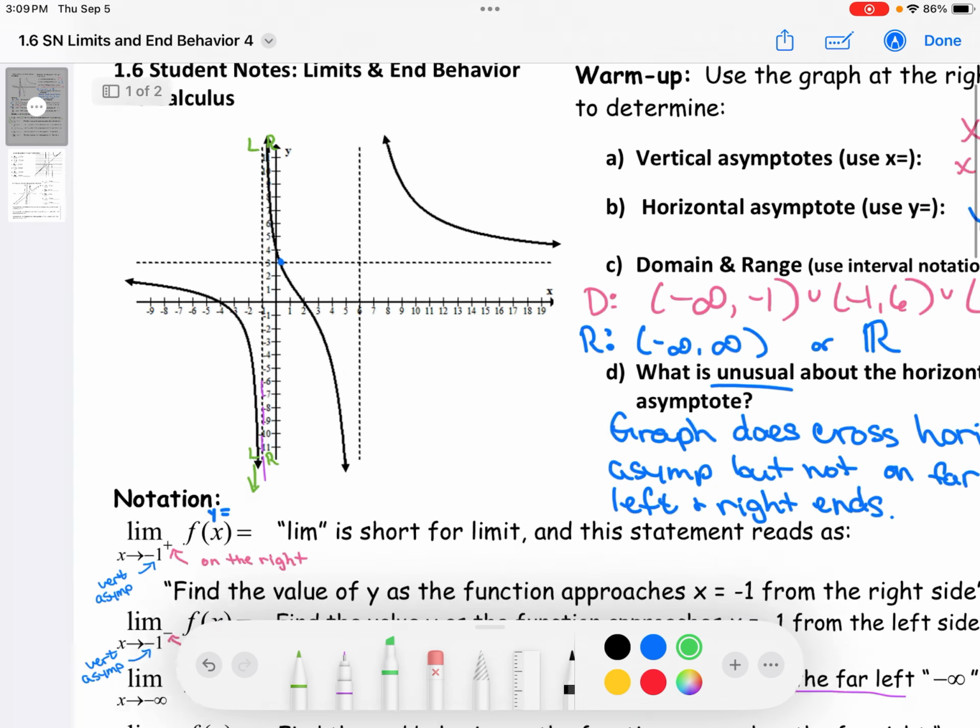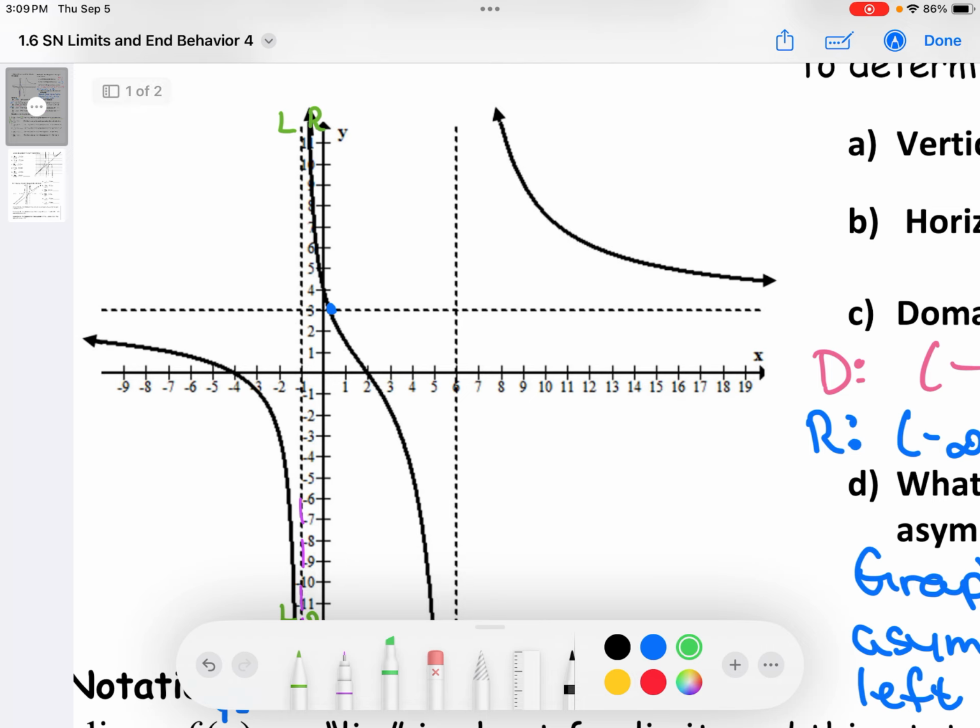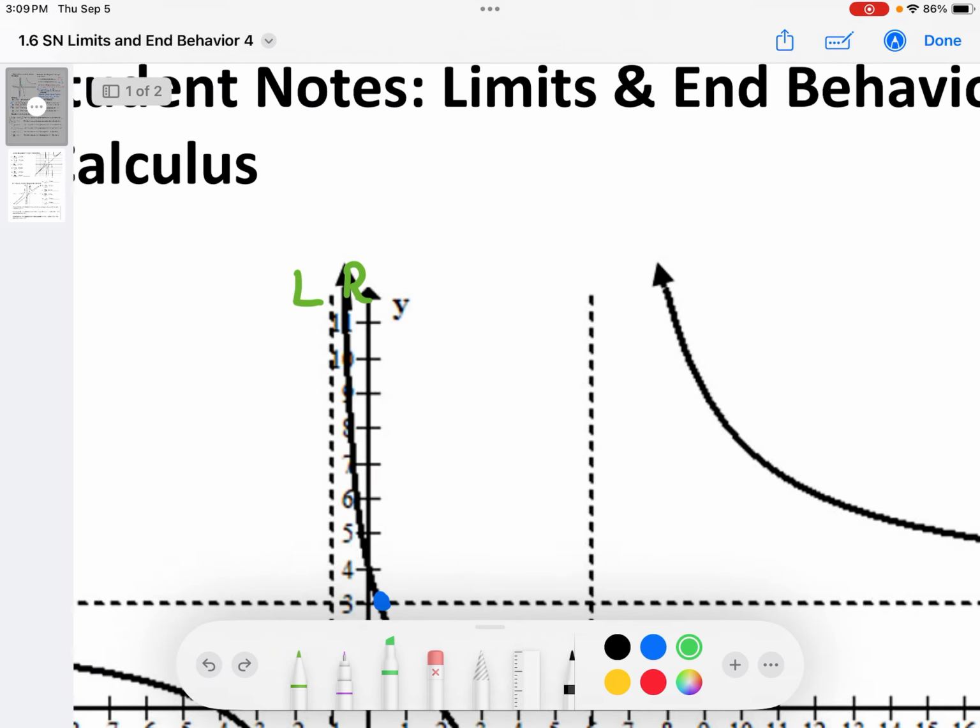Think about the same thing coming from the right as we get close to -1 on its right. Going towards the right side of that vertical asymptote, we're going up. Notice here on the right side of the vertical asymptote, the graph goes up.